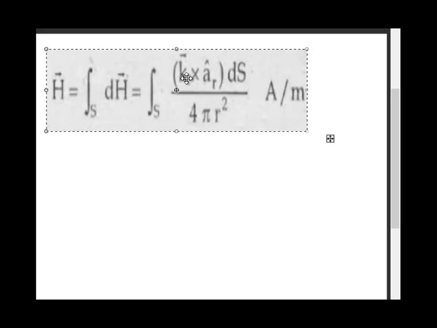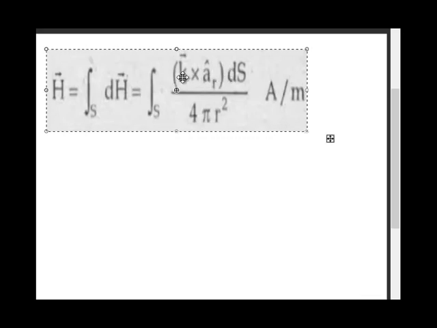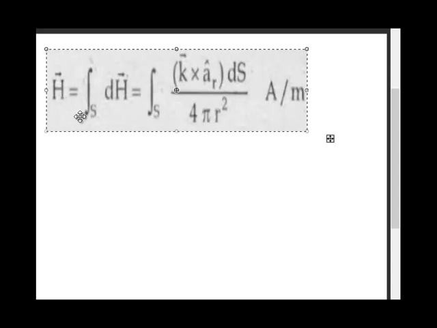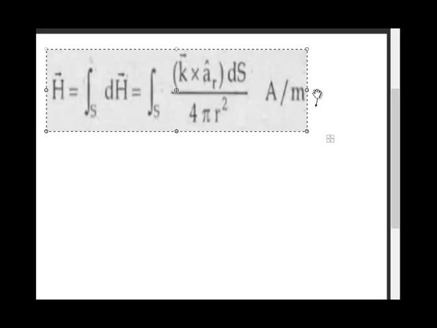That was I dL into aR. Here it is K cross aR, where K is a directional quantity, because surface current is a directional quantity. So it is K cross aR. Integrating this formula will give you complete H due to a surface carrying current.